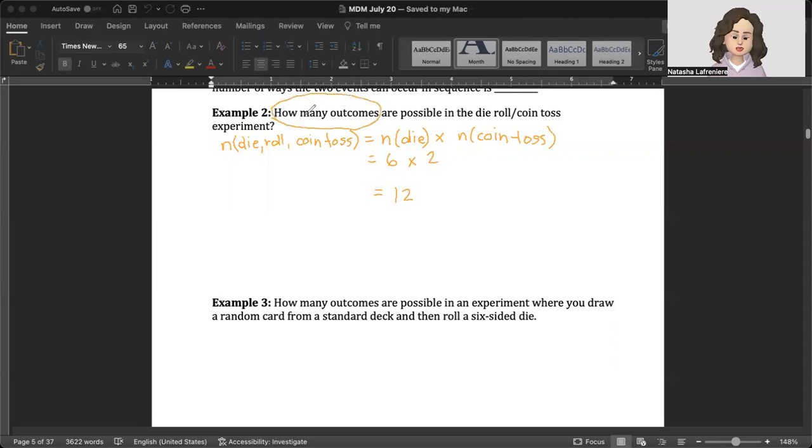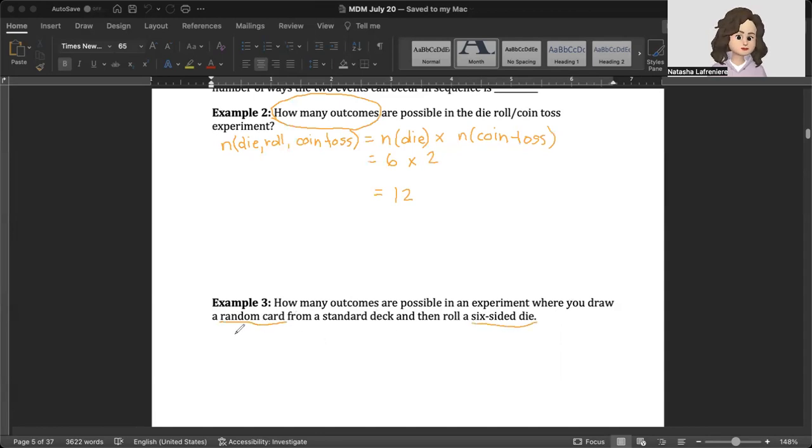That is not to find what we were looking for in the first one, which is the probability of getting this and that. Okay, so how many outcomes are possible in an experiment where you draw a random card from a standard deck, then roll a 6-sided die?